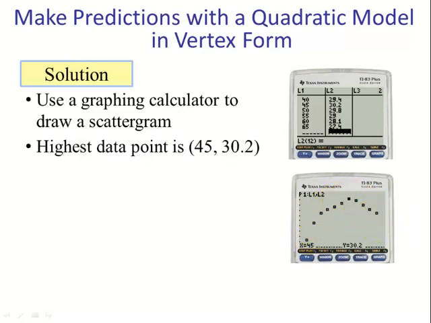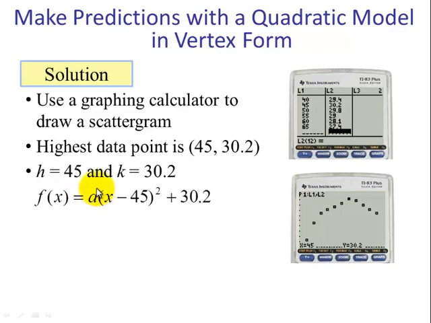The highest point is 45, 30.2. So when the speed was 45 miles per hour, the fuel economy for this type of car was 30.2 miles per gallon. We're going to let this be our vertex. So that means we now know h is 45 and k is 30.2.